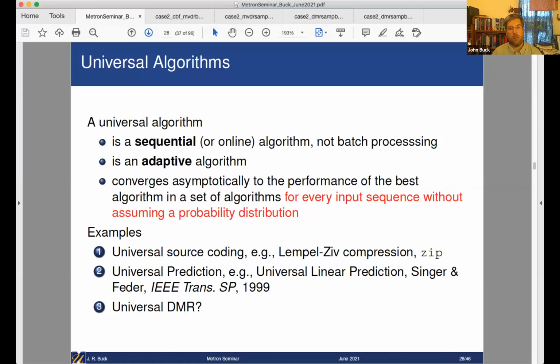What got me interested was on the prediction side. In 1999, Andy Singer and Meir Feder did a paper on universal linear prediction. Linear prediction is about saying I want to predict the next value of the sequence as a linear combination of the previous values, but they have the model order problem. They say, well, how many of the previous values is the right number to use?